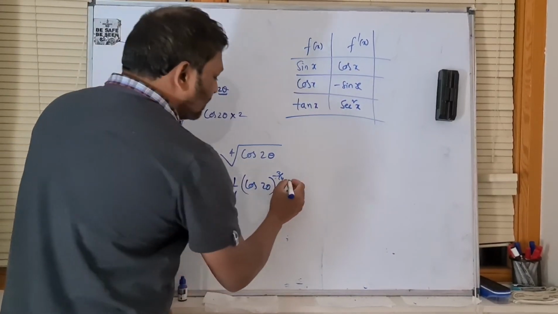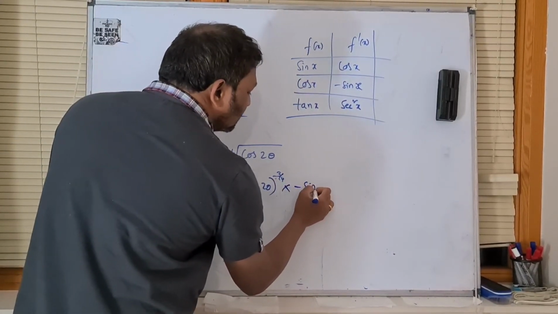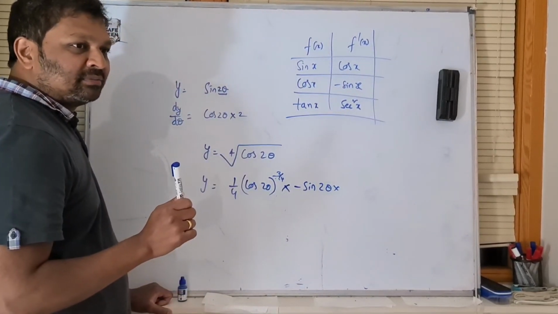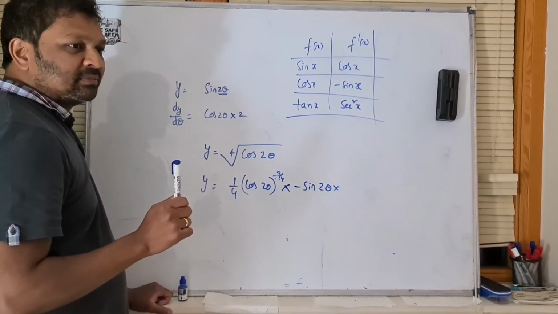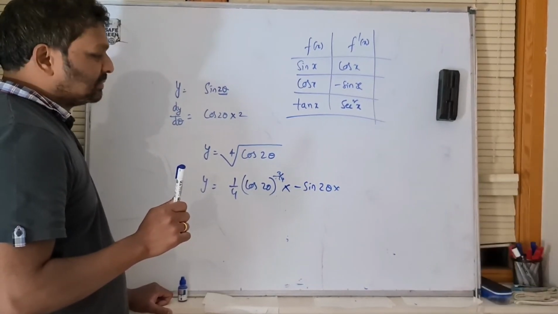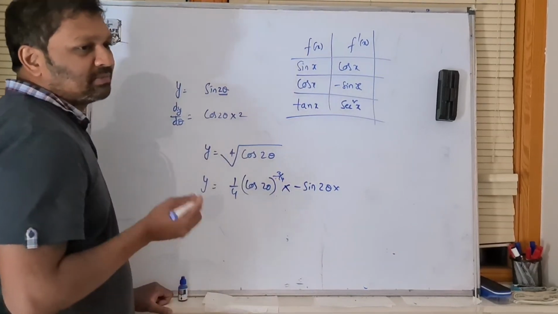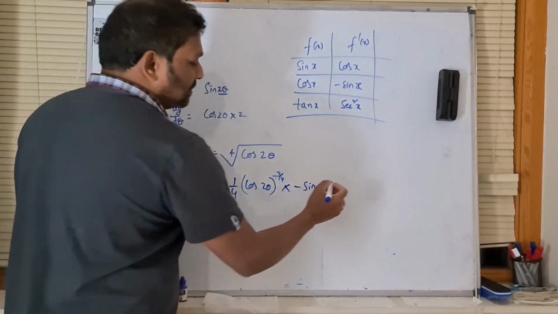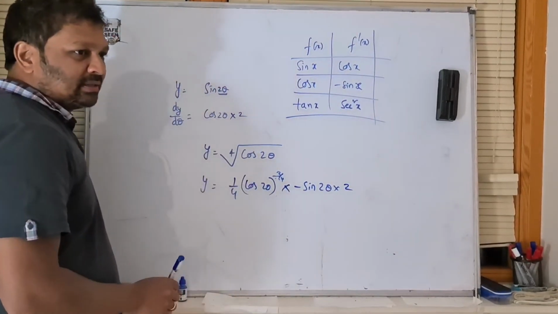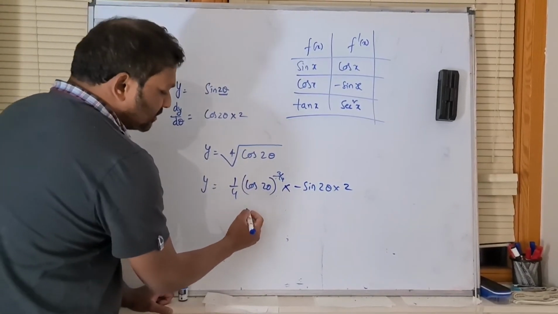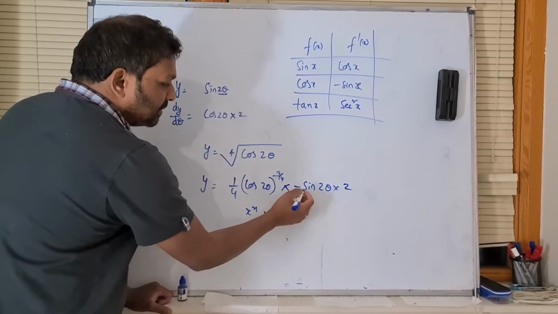And then what is left over? The differentiation of 2 theta with respect to theta, we'll get a 2. See how crazy it is? Like 3 chains we applied.